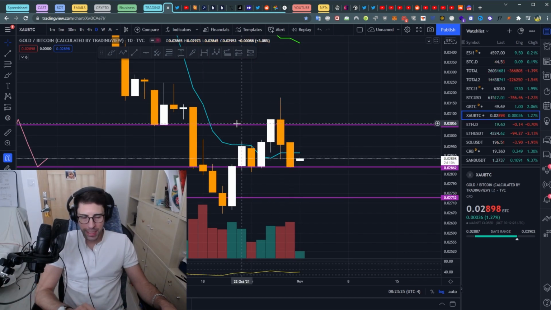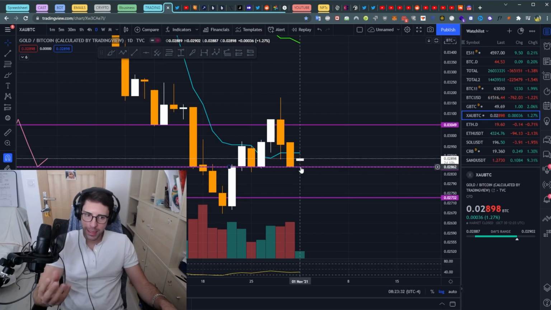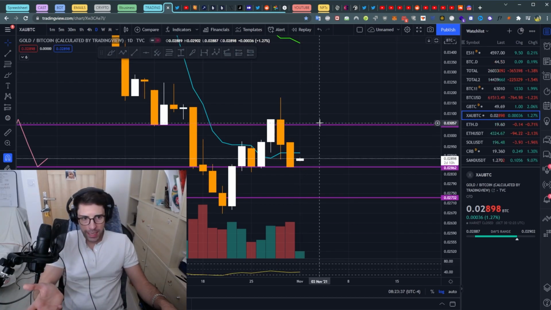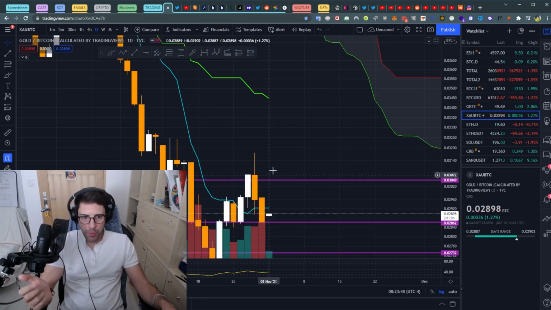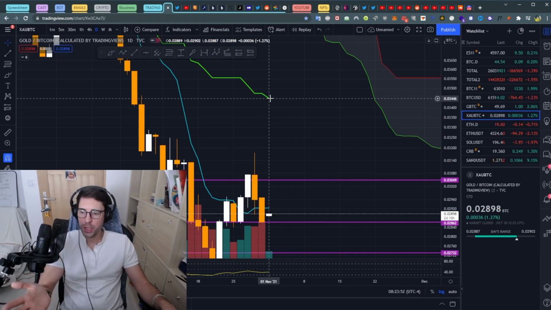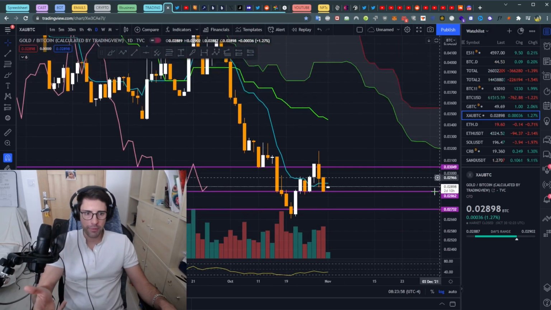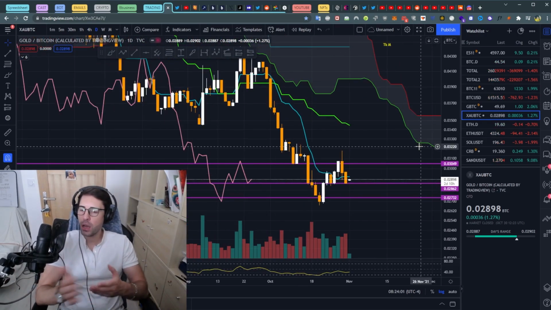Because we rejected this resistance here, this price resistance at 0.03049. So now we get a pullback, but since we are here, now we can expect another run and go test again this resistance. Once we break this resistance, we will have all the way free to go up to our Kijun. Of course, this Kijun by then will have moved, so you have to look at this regularly, I would say every day before you do your technical analysis on Bitcoin.